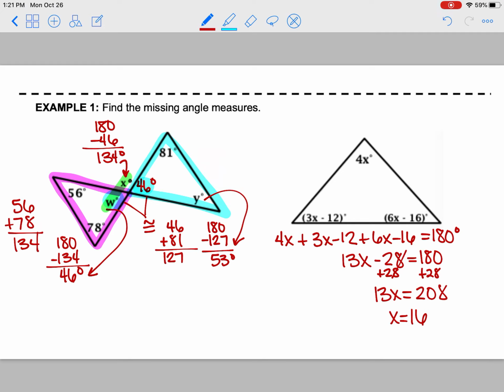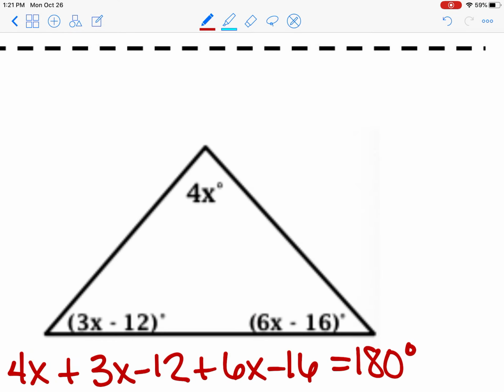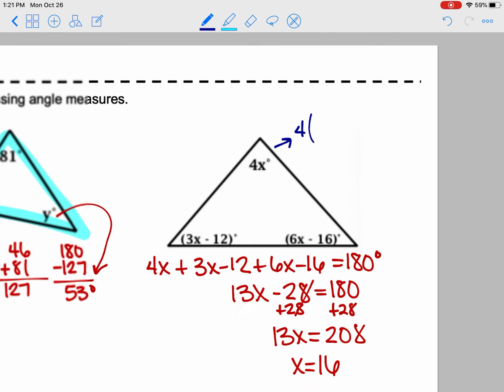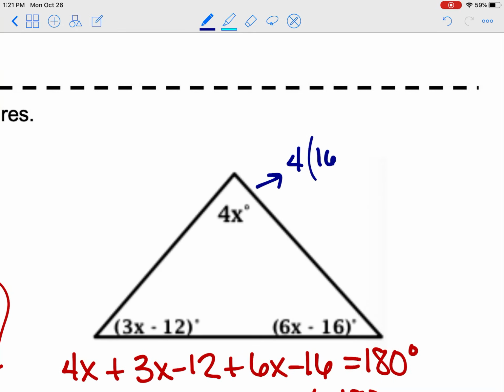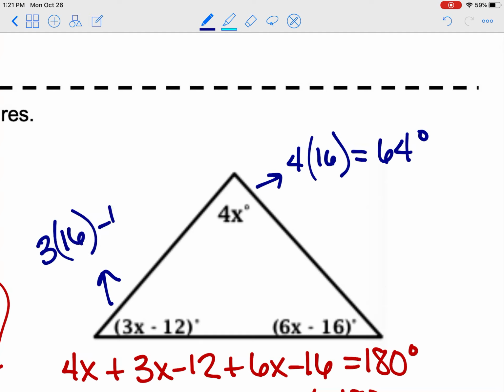They want us to find the missing angle measures. X does not show you what the missing angle measures are. We have to plug it in for every single angle. So 4 times our x, which is 16, equals 64 degrees. 3 times 16, minus 12, gives us 36 degrees.